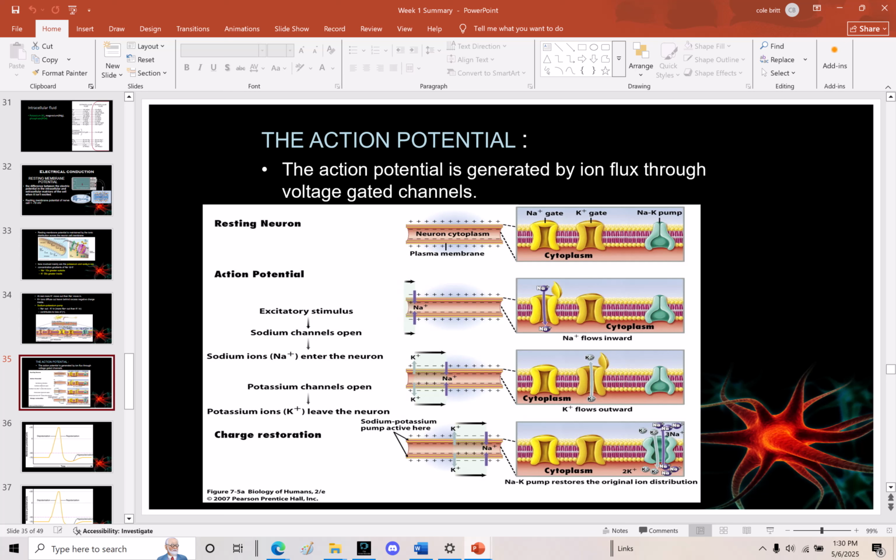Okay, and here's your neuromuscular junction. On the neuron side, the ending is going to have a little expansion that's called a synaptic terminal or a synaptic bouton. It will contain vesicles, right? And then inside those vesicles are acetylcholine.